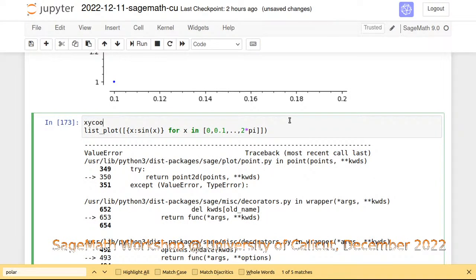x, y coordinates. So the first value I will create. The first value, what will I do? Equal to the first one. Let me try this one: 0, sine 0.